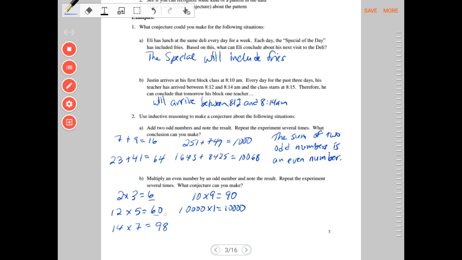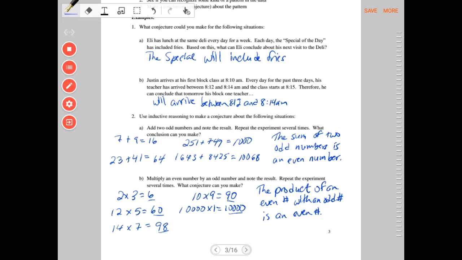If you'll notice, the product in each case is also an even number. So, the product, which of course is the answer when you multiply, of an even number with an odd number is an even number. That's my conjecture.